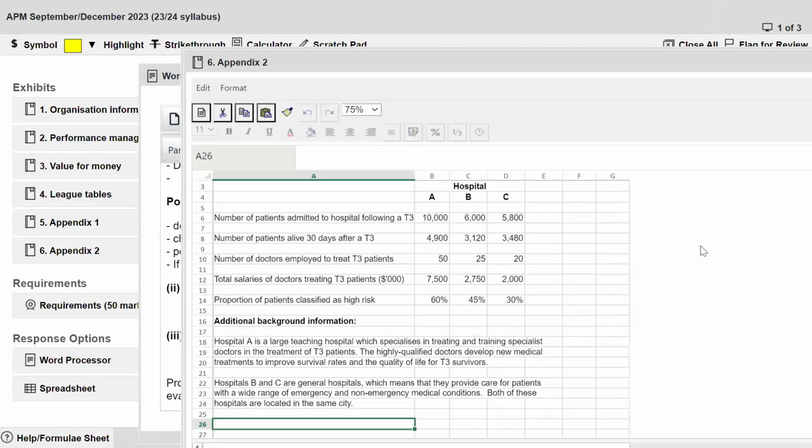Yeah, can you go through it? Can you try to identify one measure for each of economy, efficiency, and effectiveness?